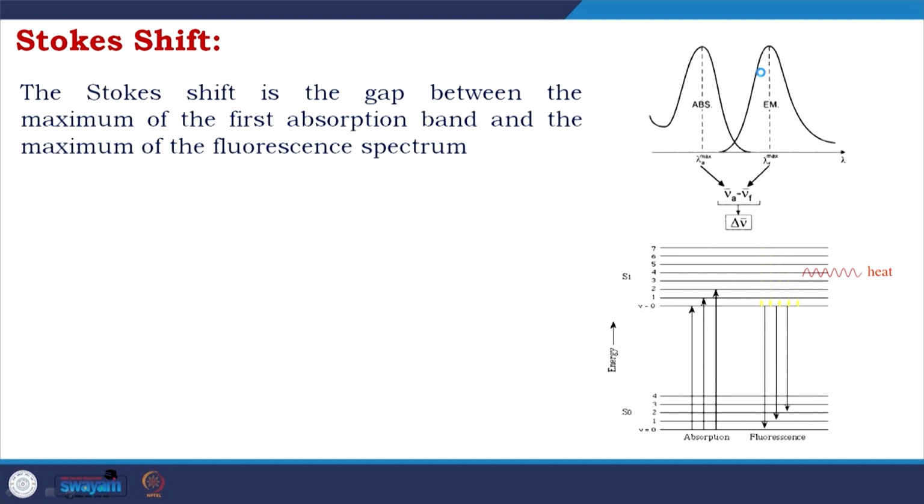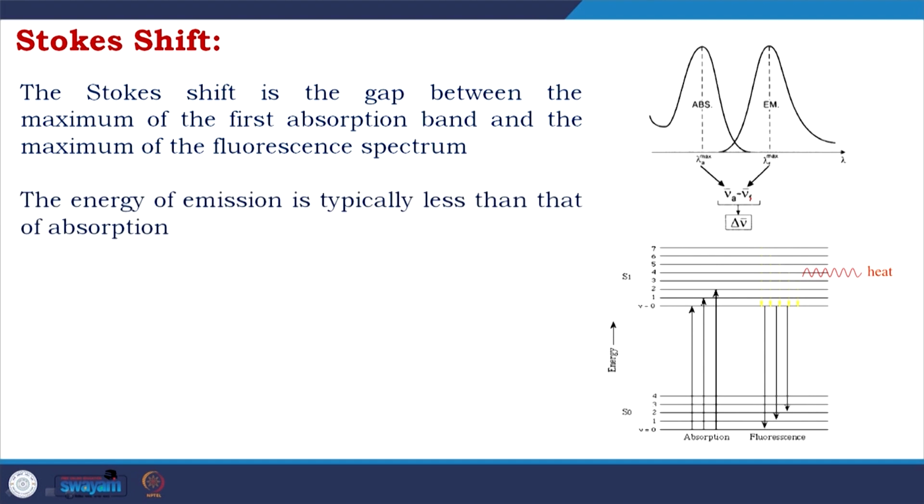Coming to a very important thing in fluorescence, which is called Stokes shift. The Stokes shift is the gap between the maximum of the first absorption band and the maxima of the fluorescence spectrum. If you see, this is the absorption band and this is the emission band.